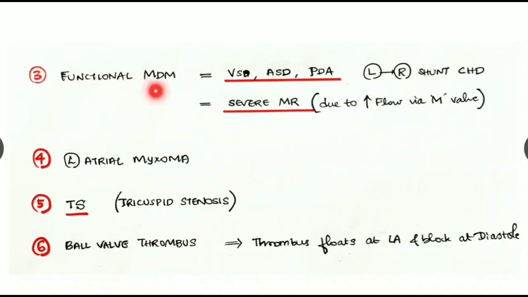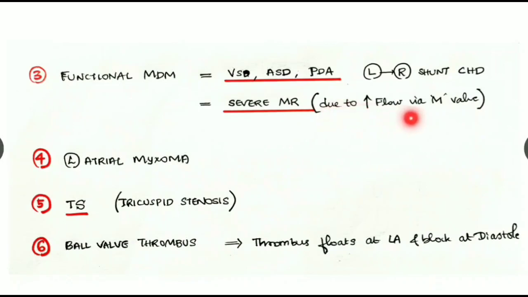Next is the functional mid-diastolic murmur, that is due to some other lesions. Examples are ventricular septal defect, atrial septal defect, and patent ductus arteriosus, which are congenital heart diseases with left-right shunt. And it can be heard in severe mitral regurgitation also. Why?